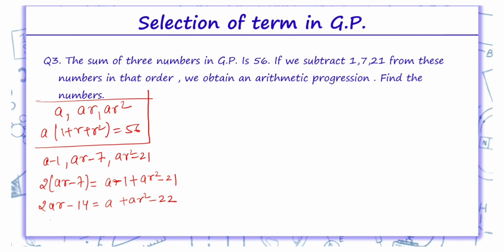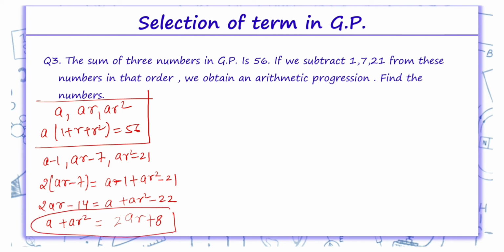Thus we get A plus AR square will be equal to 2AR plus 8.